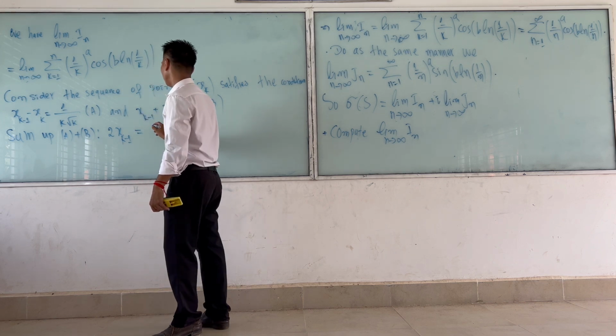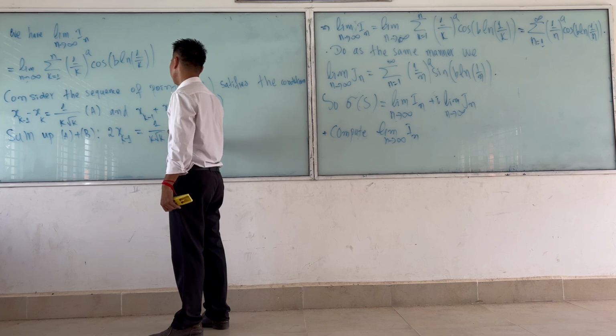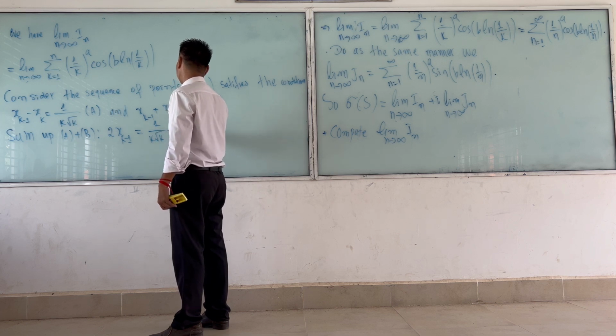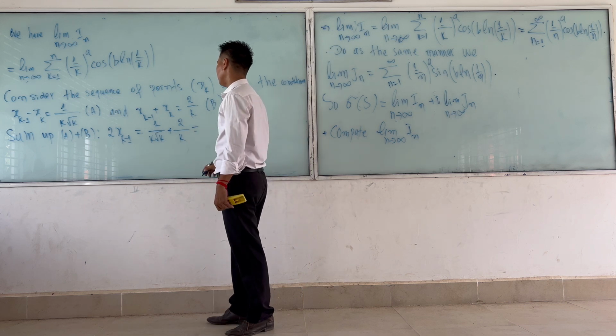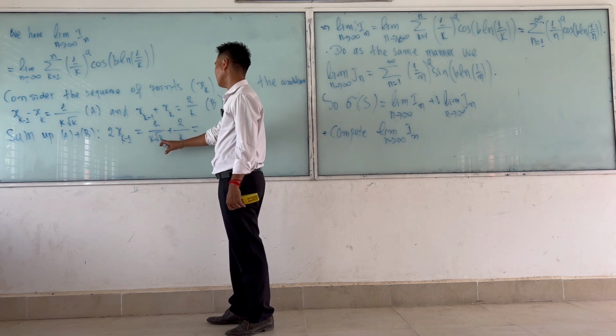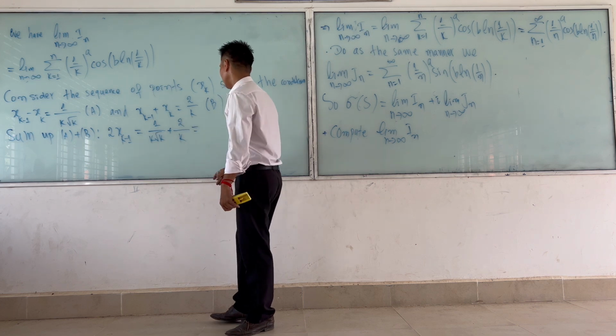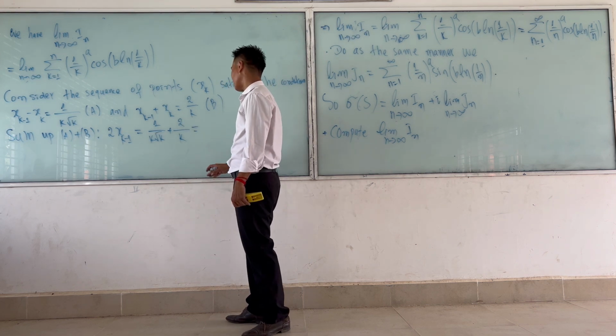Equal to 1 over k square root of k plus 2 over k. And by finding the common denominator of these two fractions and summing them, you get this.